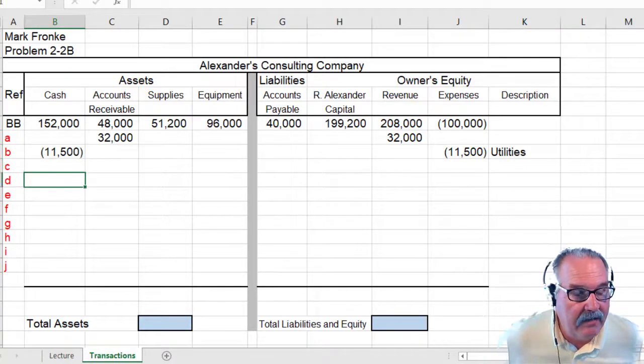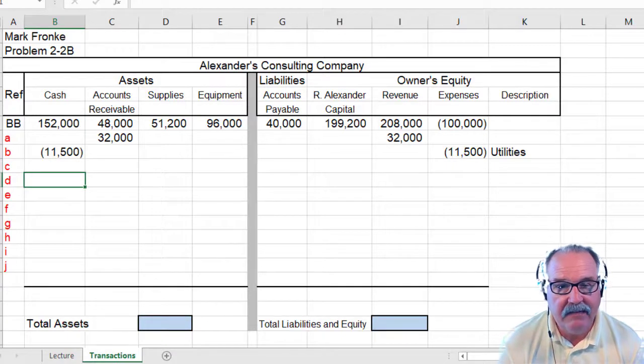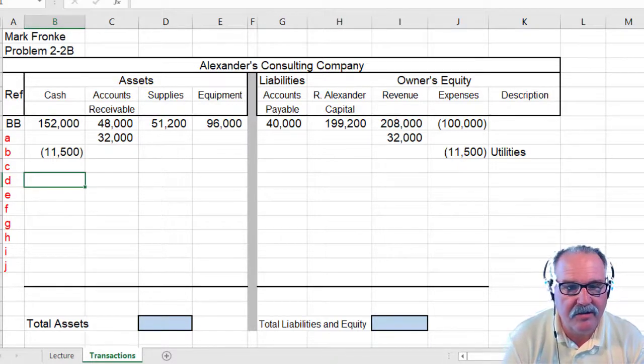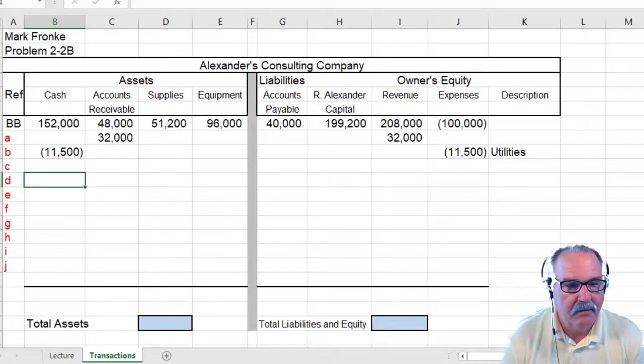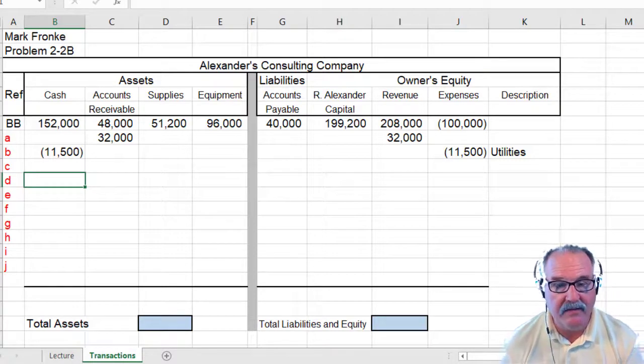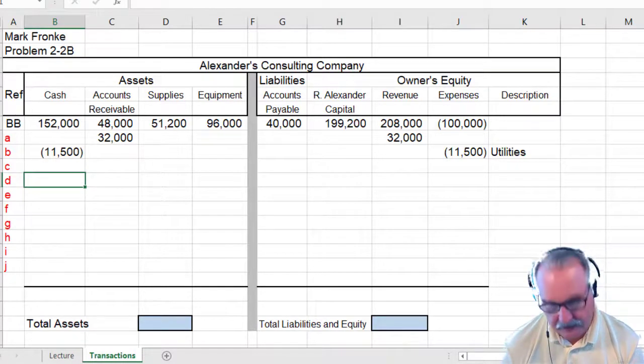So we have a negative under cash, and we have a negative in expenses. I show expenses as negative because they are negative. Now, the book may do this as positive and then subtract it at the end. I think it's easier just to show them as negative as you go. But either way, these are on opposite sides of the equal sign. They have to be the same. That means that one side has to be negative, the other side has to be negative.